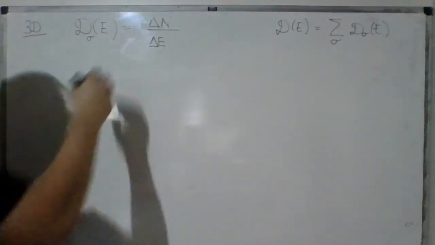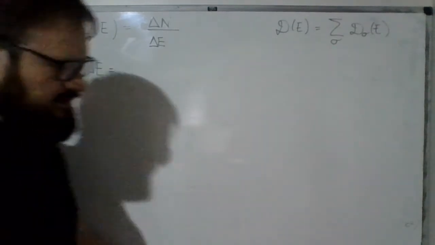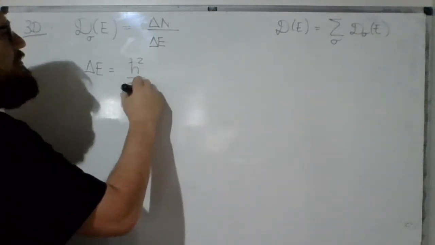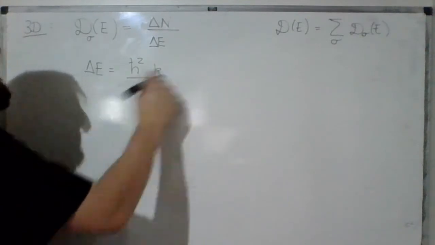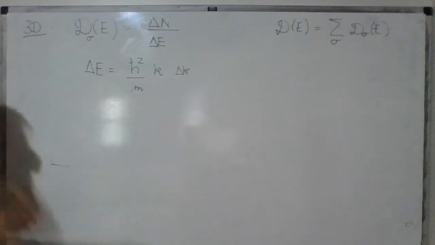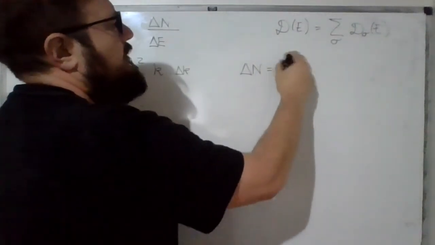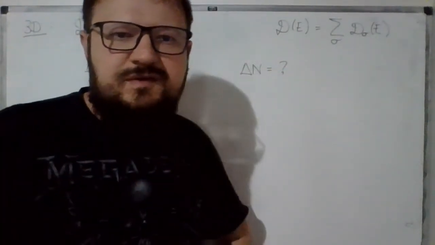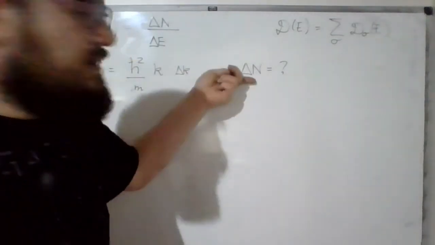So the delta of energy still corresponds to h bar squared over 2m, k delta k, right? But the delta n, which we want to calculate, now in three dimensions we have to really specify what this number is.